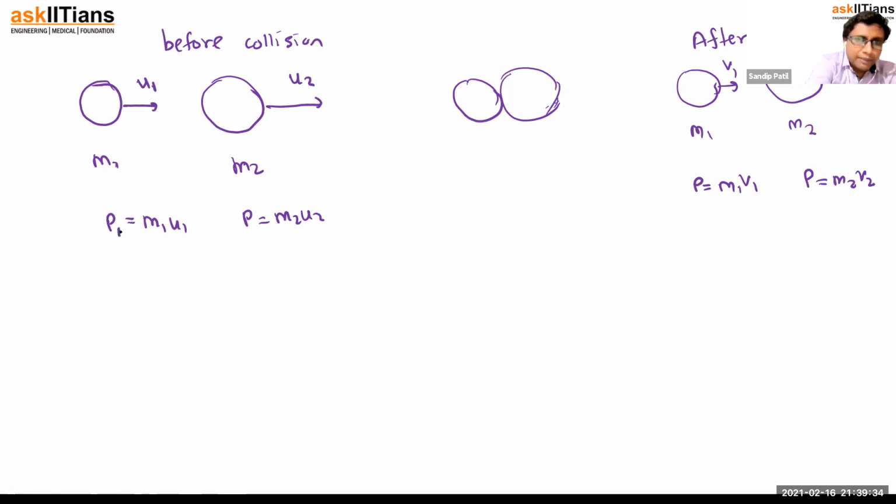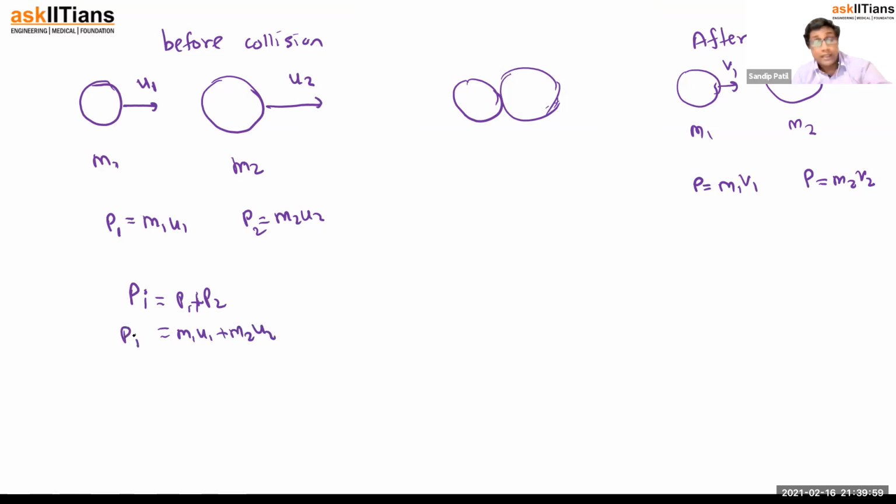If I call these p1 and p2, this is our initial condition, so let me represent it as Pi. Pi is m1 u1 plus m2 u2, just adding p1 plus p2.